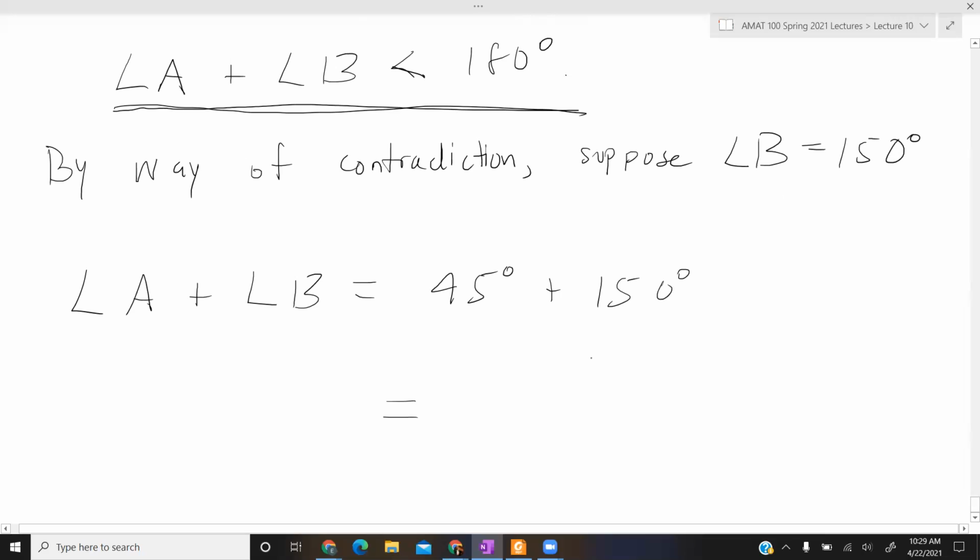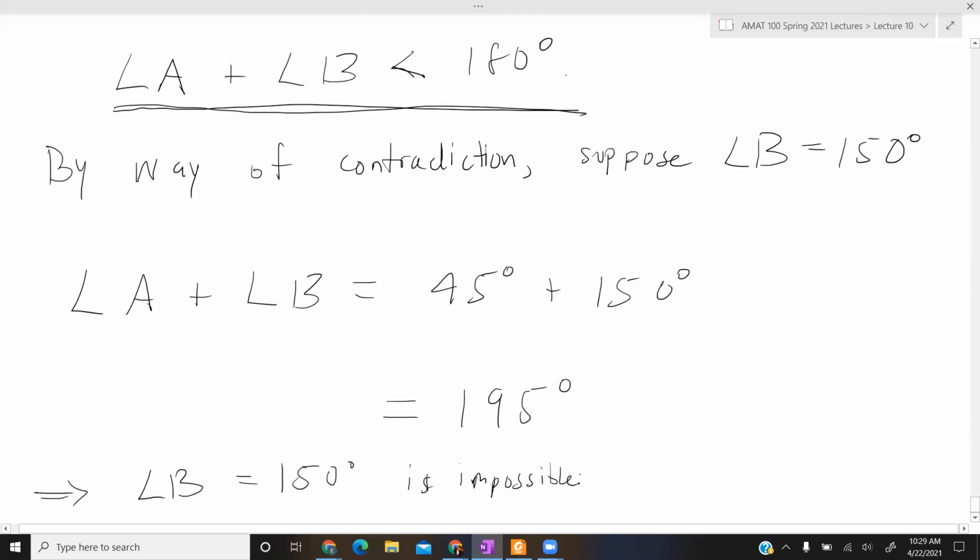If we add these two, what do we get? We get 195. And that is not less than 180 degrees. So this implies that this is impossible.